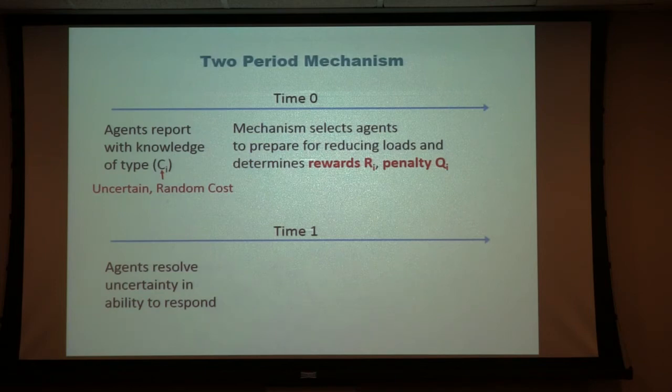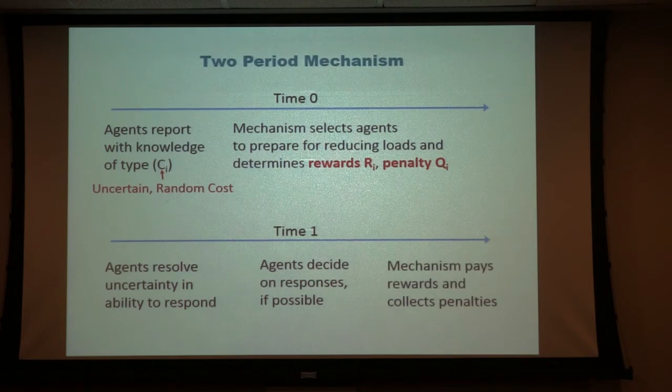So now at time one, at 2 p.m., the agent knows what situation I'm dealing with. We can assume the uncertainty is gone. So now I know what's going to happen. So the agent will decide whether I should respond or not based on what I'm selected, reward and penalty. And at the end, the mechanism will pay each individual person based on the rule.